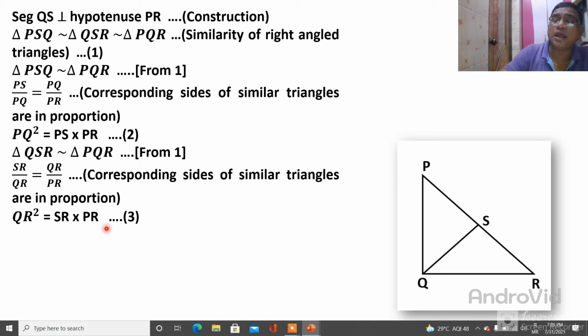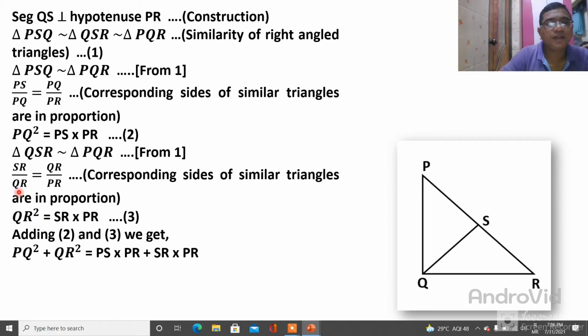This is the third equation. Adding equations 2 and 3: PQ square plus QR square is equal to PS into PR plus SR into PR.